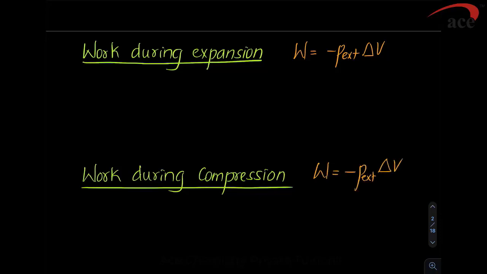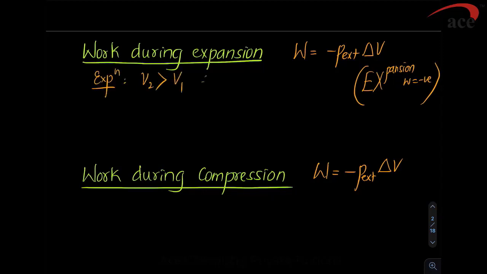Once the formula has been derived, there is no change in the formula. Now, you are all aware, expansion means work negative. Remember that? So, in expansion, final volume is greater than initial volume. Therefore, delta V will be positive. We know pressure is always positive.